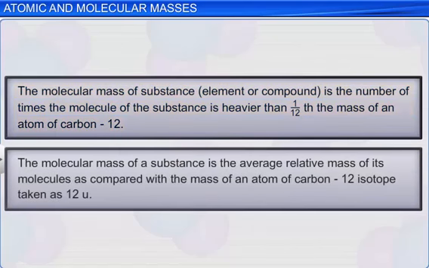In other words, we can say that the molecular mass of a substance is the average relative mass of its molecules as compared with the mass of an atom of carbon-12 isotope taken as 12 U.